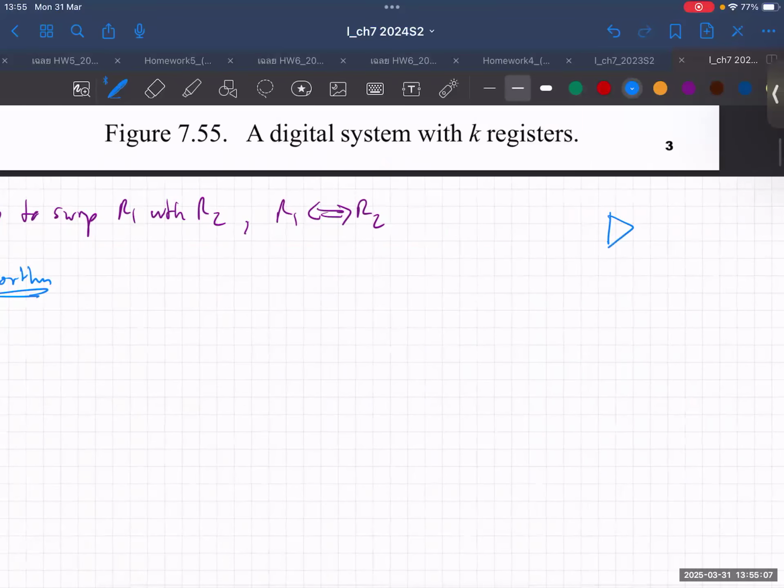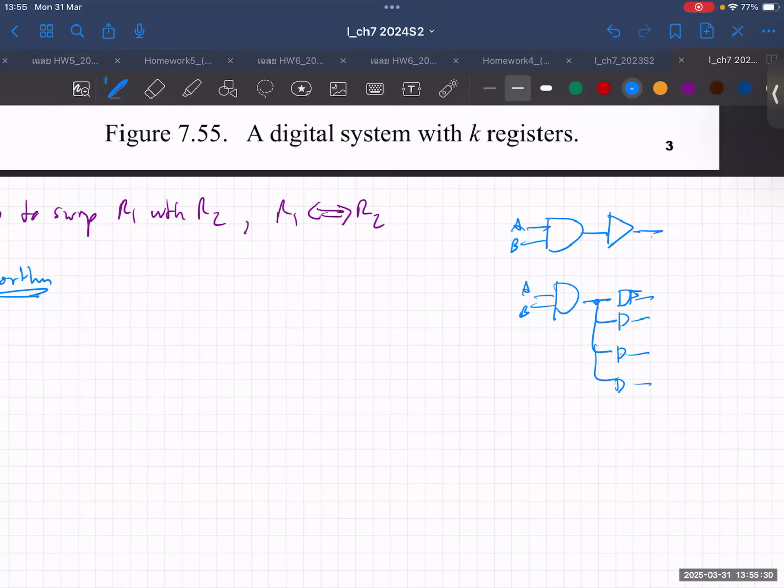Okay, so what is a buffer? Normally you can just construct this one right away. I don't know if you still remember. For example, if you have a gate, you can drive the output F from A and B directly, right? However, if this point is driving a lot of gates, then this gate may not be good enough to drive all of them because it doesn't have enough power.